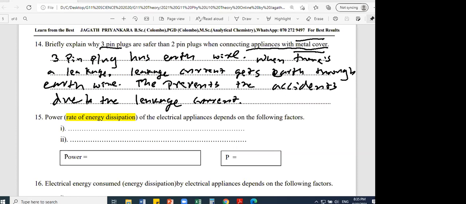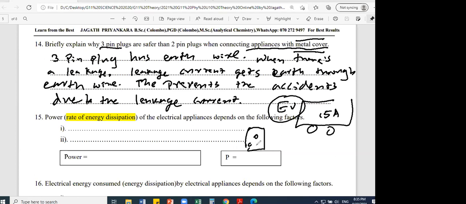Especially when you have an electric vehicle, it consumes 15 amperes current. If you get 15 amperes current for a few seconds, you will die on the spot, right? The electric vehicle has a circuit sensor: if you get current only from live and neutral for charging the battery, it will not charge the battery.